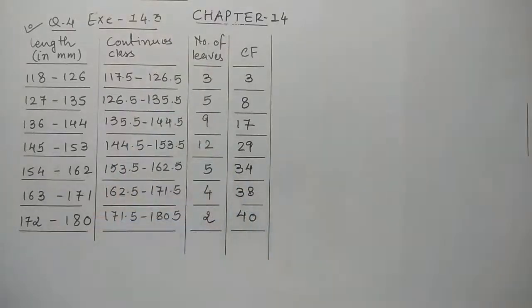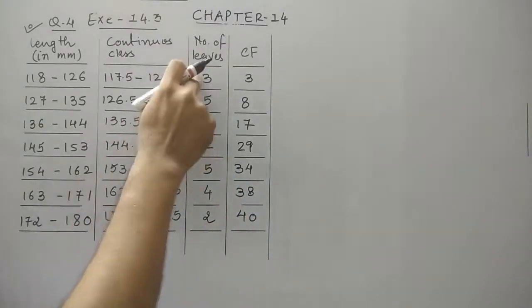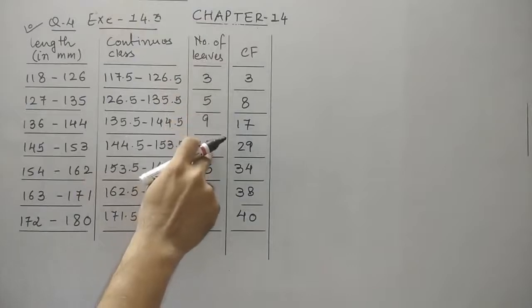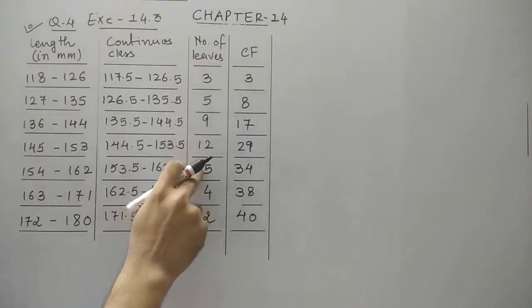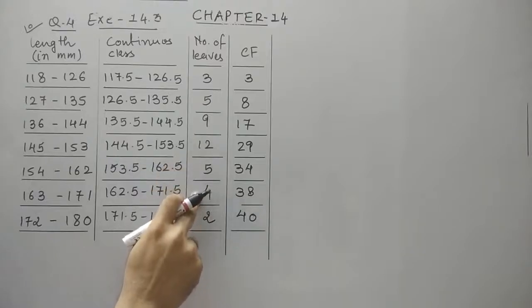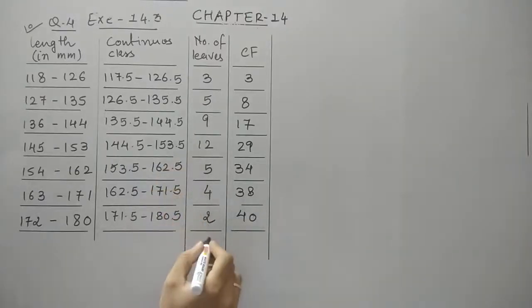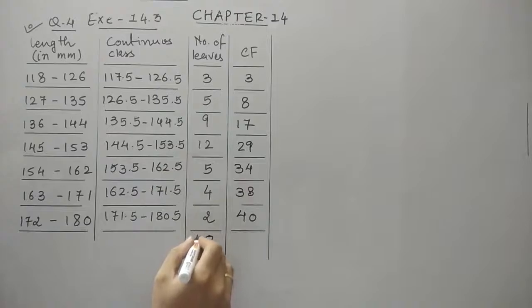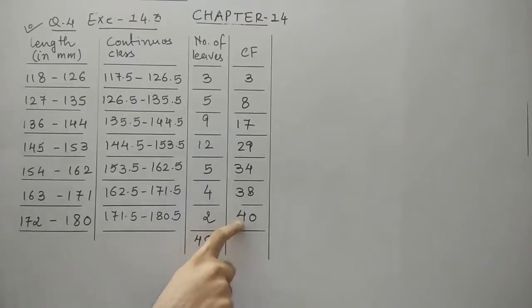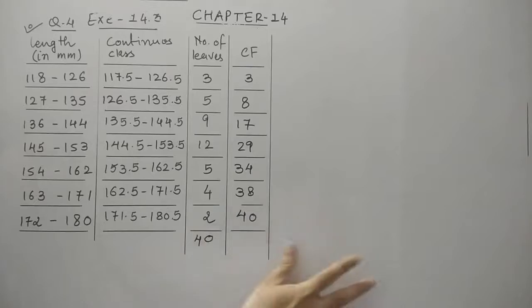Let us do the sum of all the frequencies: 5 plus 3 plus 8, 17, plus 2, 19, plus 5, 24, plus 4, 28, 30, 3 plus 1, 4. So the total number of leaves is 40, which equals the last cumulative frequency. Both values must be equal, and they are.